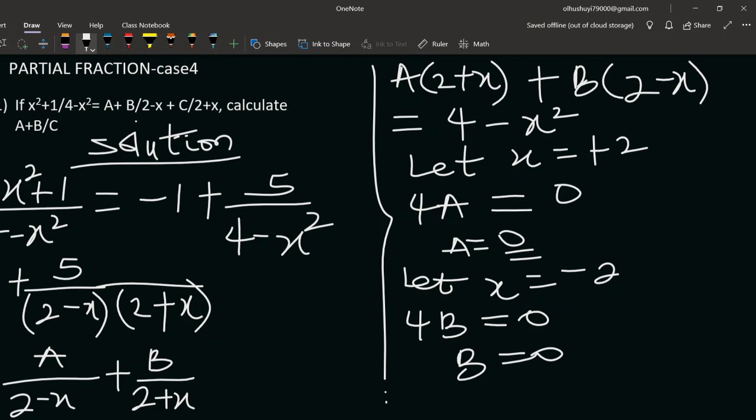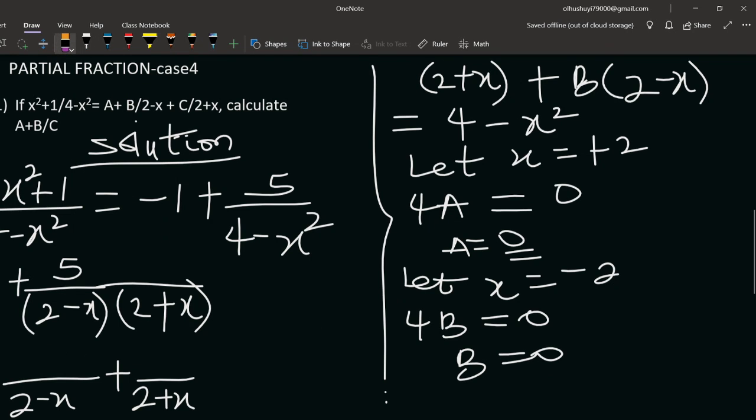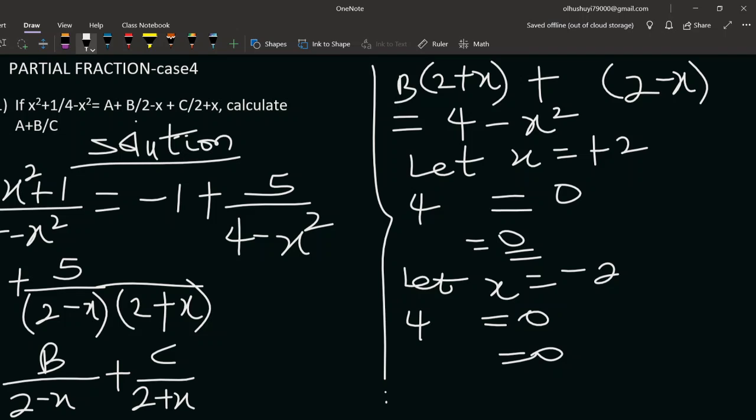So since A is 0, B is 0, then according to our question here, if I change this back to B and C, B and C, so I have B and C, to suit what we were told to do. Our A is minus 1 already.